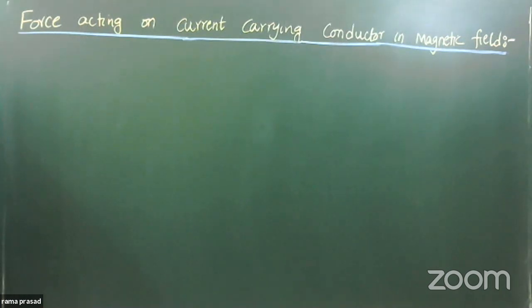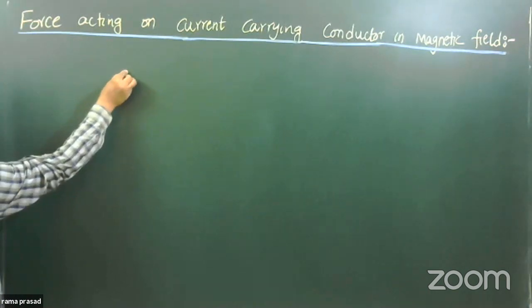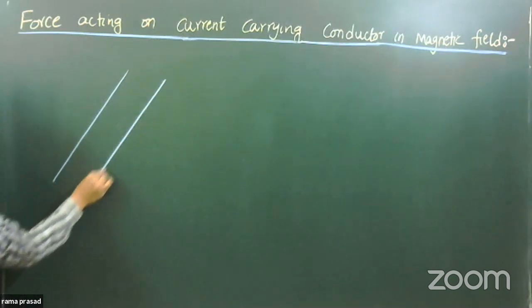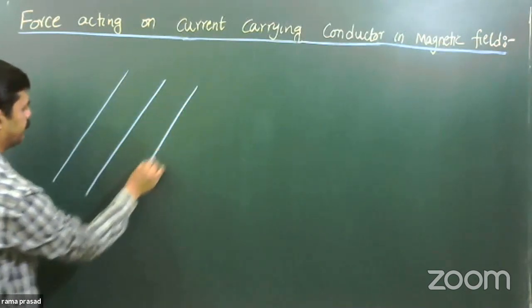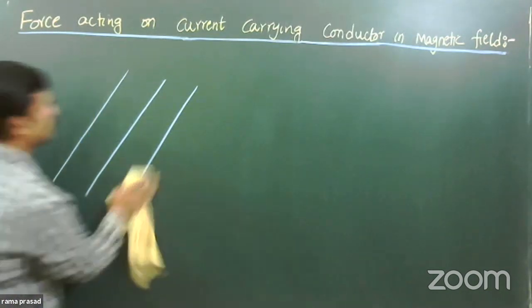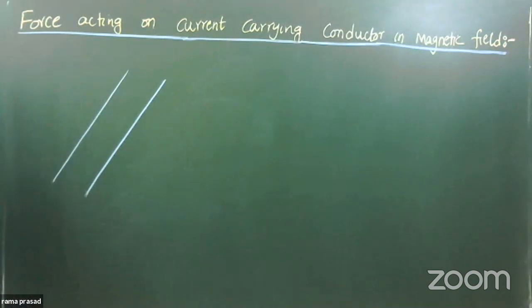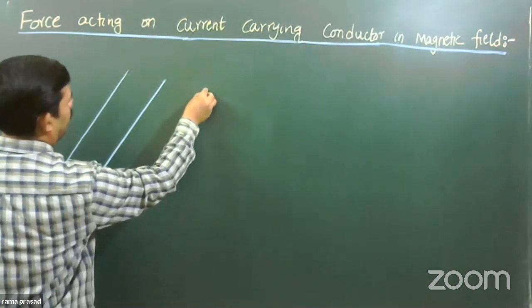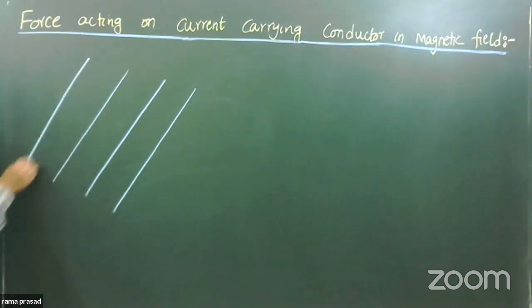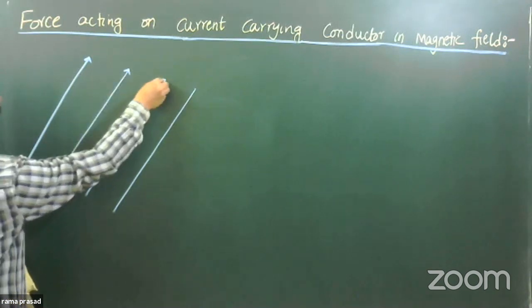See here, the magnetic field is acting in this direction. So these lines represent magnetic lines of force.